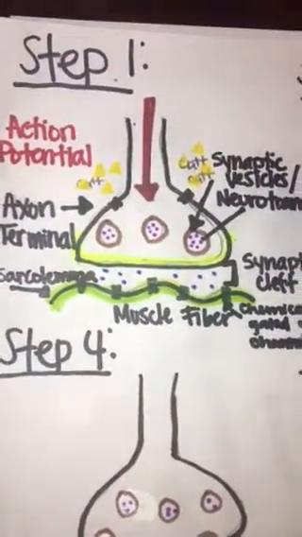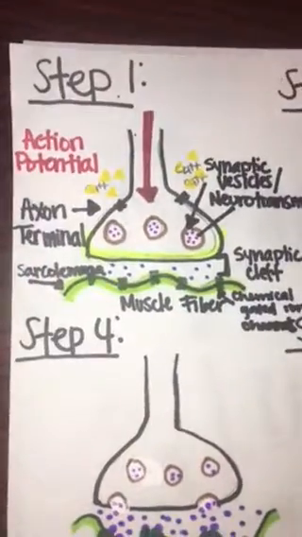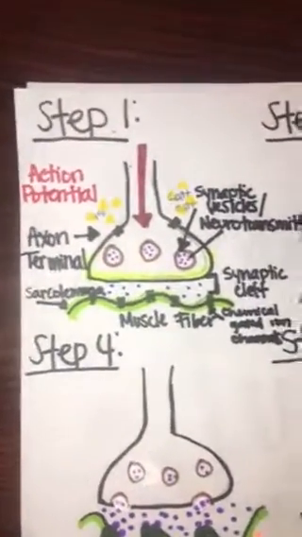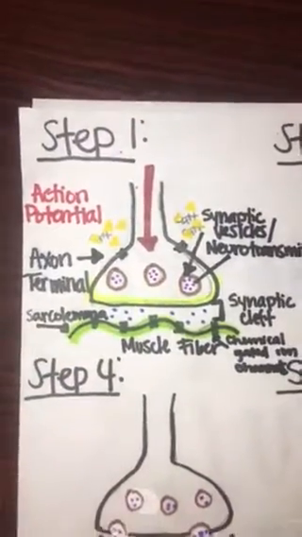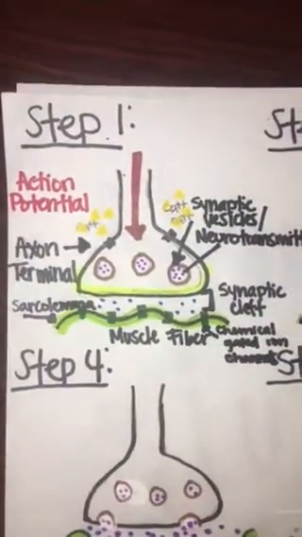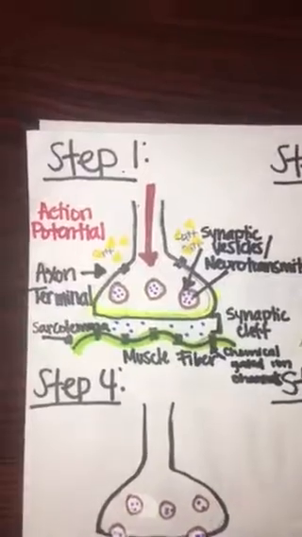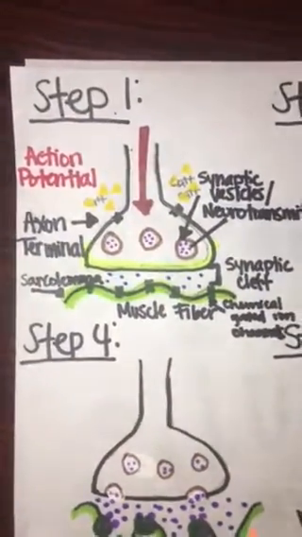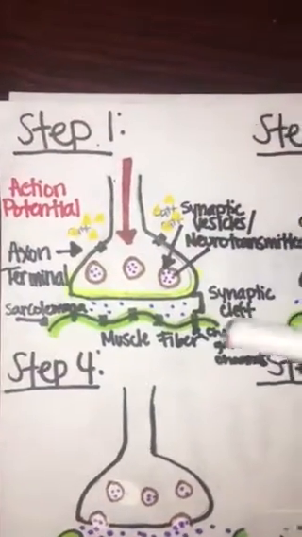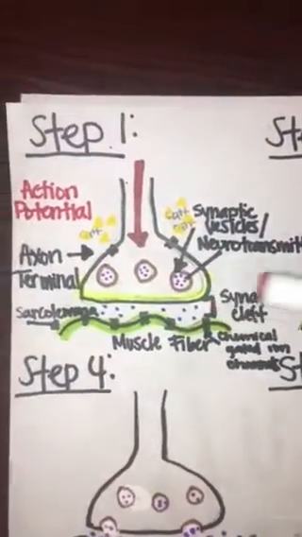The chemical-gated sodium ion channels open in the presence of neurotransmitter. When a neurotransmitter binds to a receptor on the chemical-gated sodium ion channel, the channel will open. Within the synaptic cleft, you will find free-floating sodium ions.